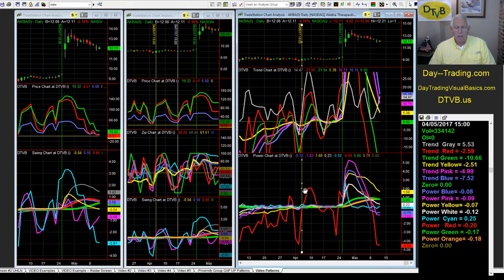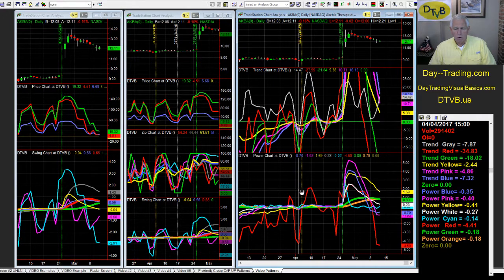The power red is the best position indicator line that we have, and when power red is under 0, it has a tendency to go down. When it's over 0, it has a tendency to go up, generally speaking, especially if the lines are running flat.